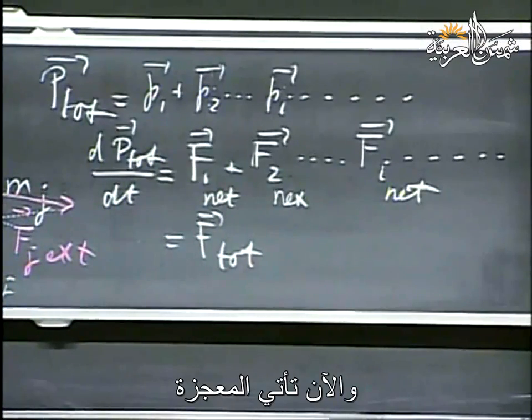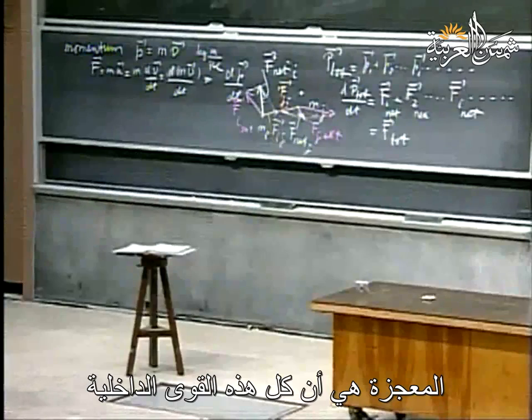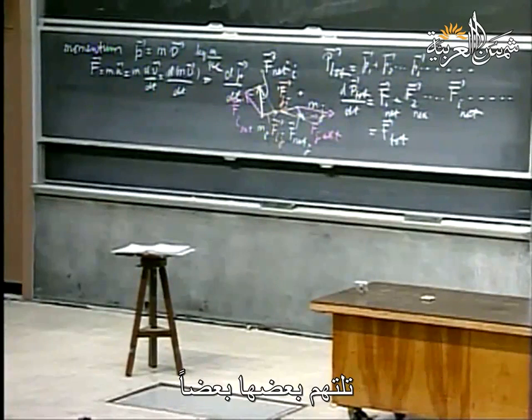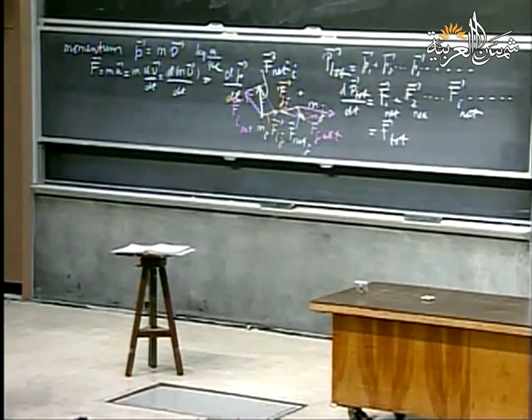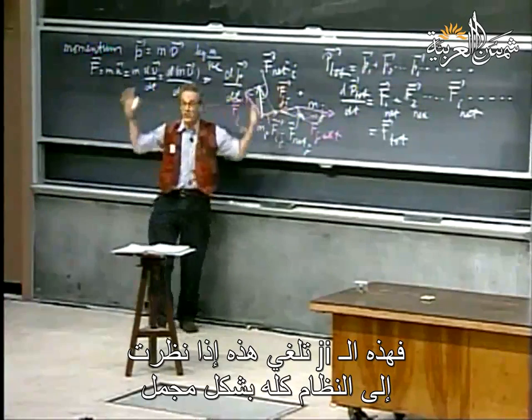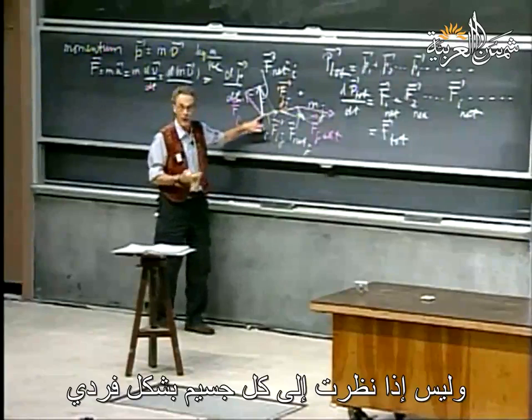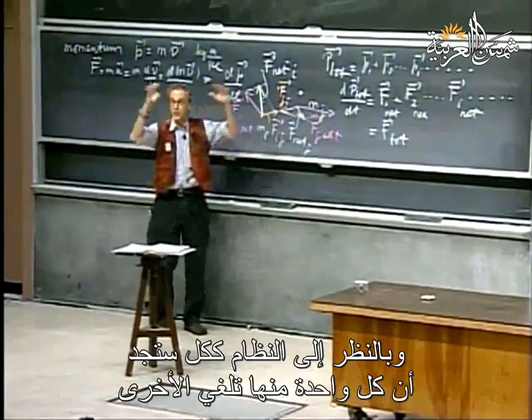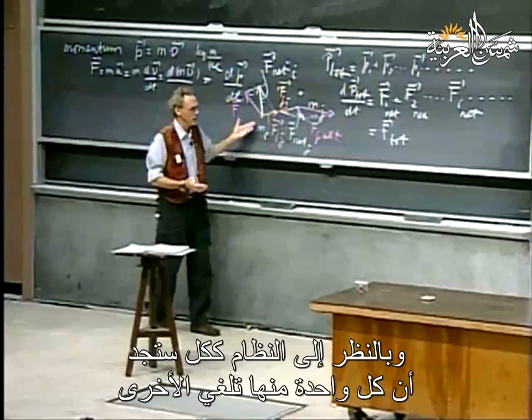Now comes the miracle. The miracle is that all these internal forces eat each other up. Fji cancels Fij if you look at the system as a whole, not if you look at the individual particles. But on the system as a whole, they all cancel each other out.